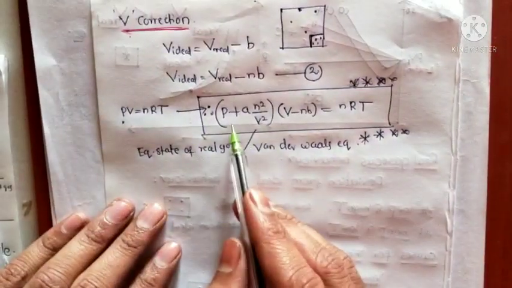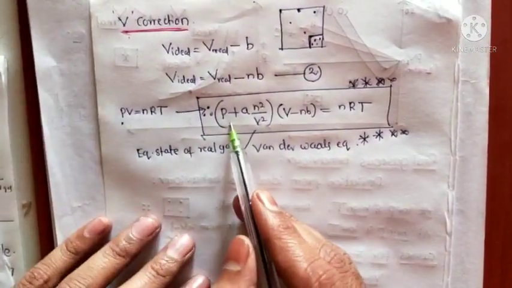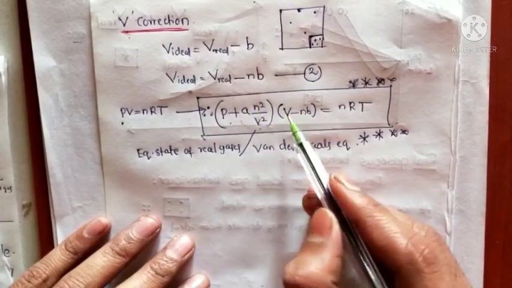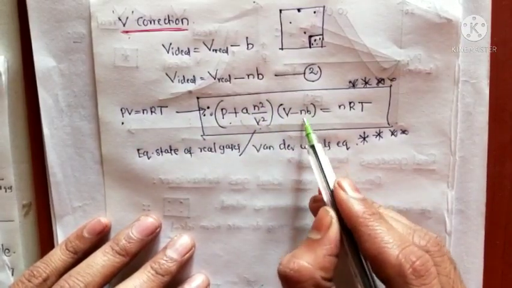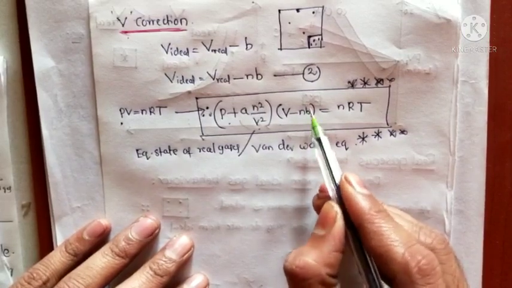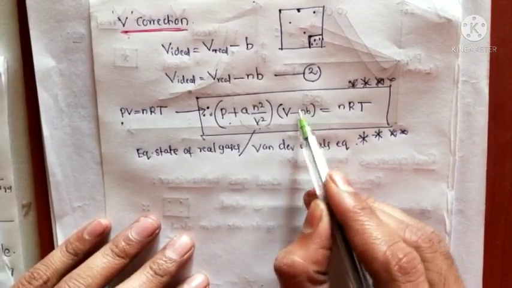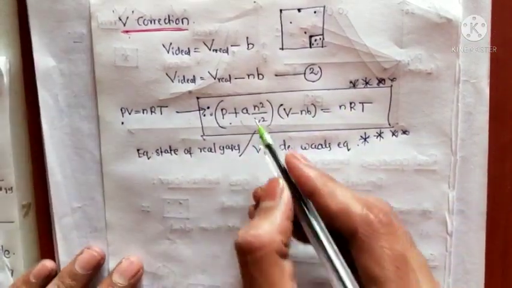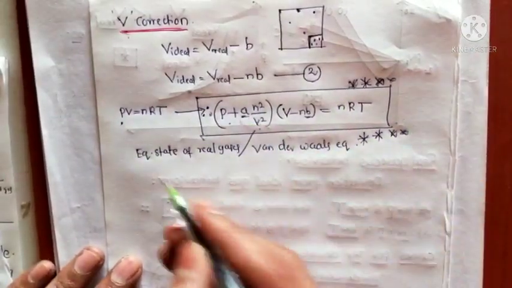So the van der Waals equation, once again: (P plus an squared by V squared), the pressure correction factor, times (V minus nb), the volume correction factor, equals nRT. Here a and b are van der Waals constants.